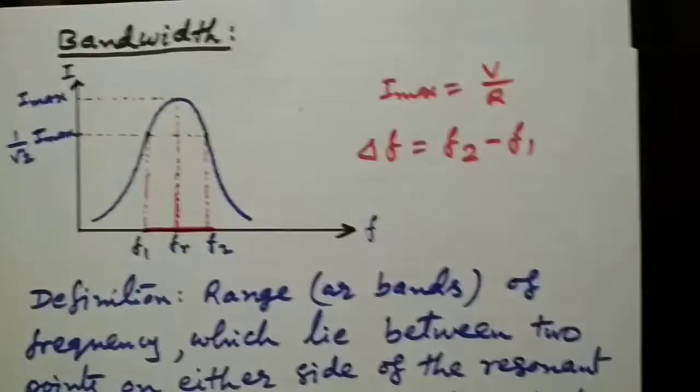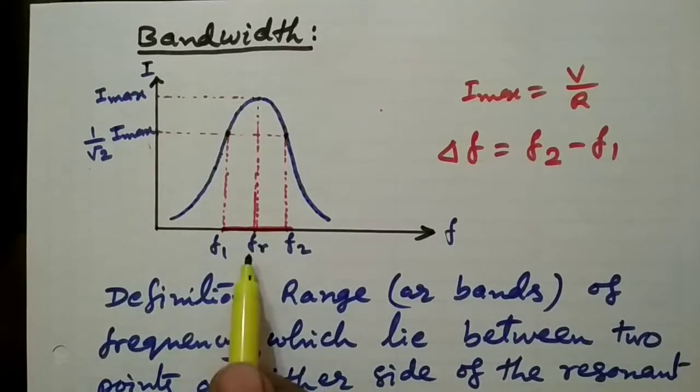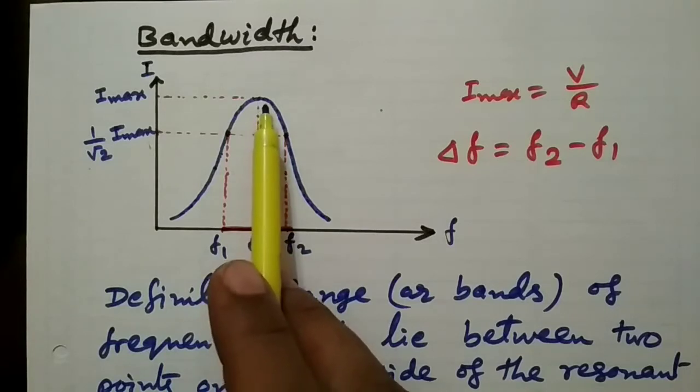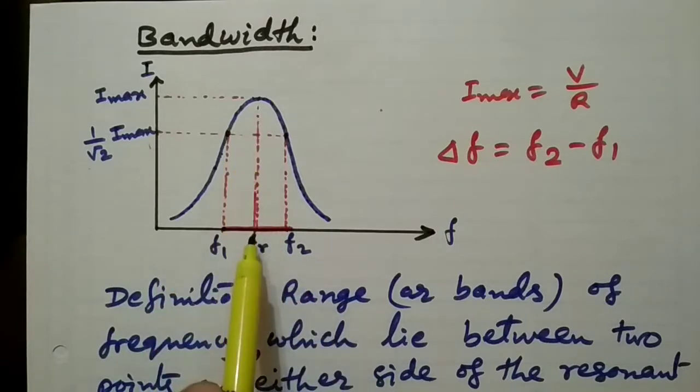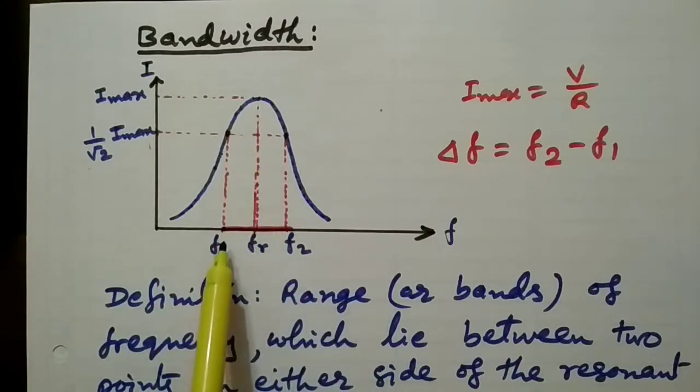That means at FR frequency, the power of the circuit will be maximum, but at F1 and F2, the power will be half of the maximum value. That's why these F1 and F2 are called the half power frequencies.